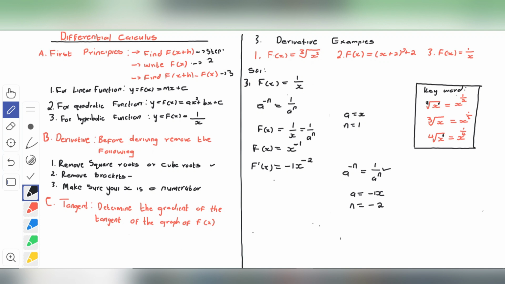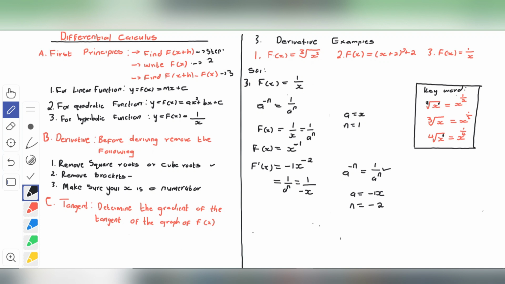So in simpler terms, we are going to have 1 over a to the power of n, which is 1 all over, what is our a? Our a is negative 1x, right? And then what is our n? Our n is negative 2, right?